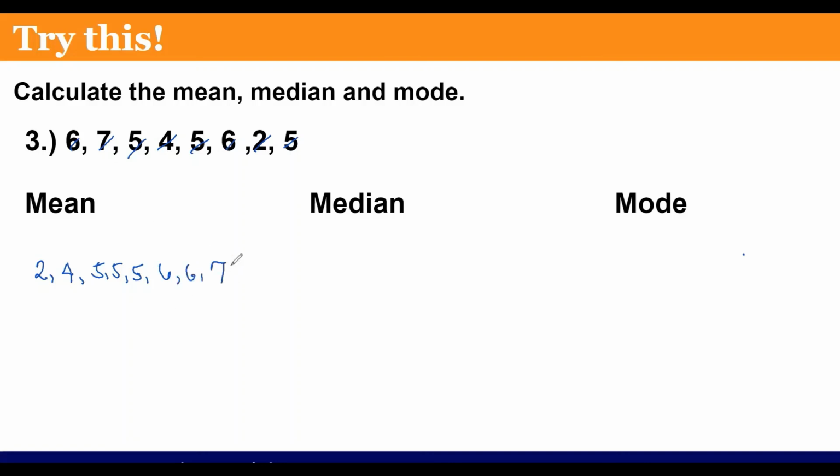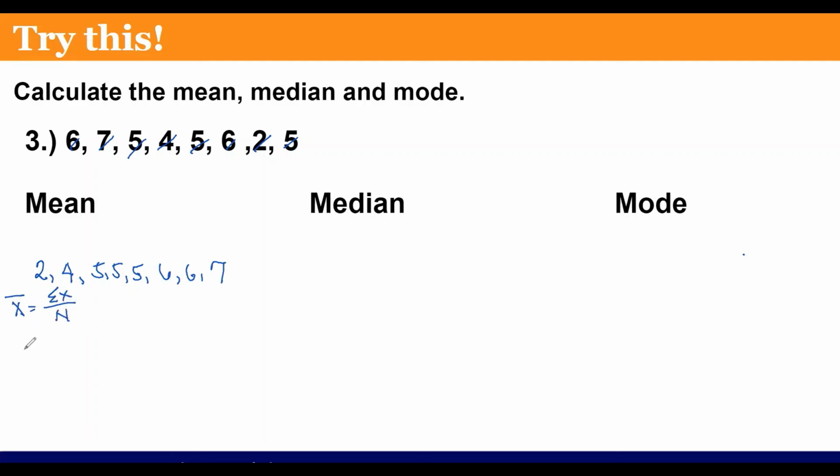Now, let us have again the formula, summation of x. Okay, let us write first the symbol for mean. We have x bar is equal to summation of x all over n.